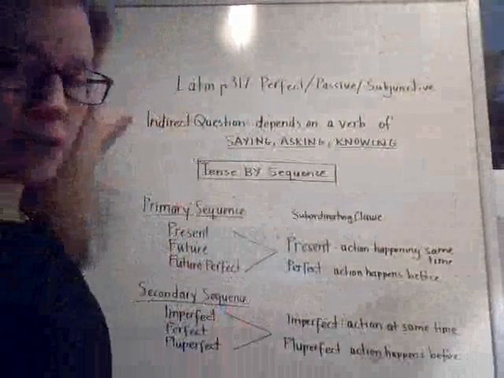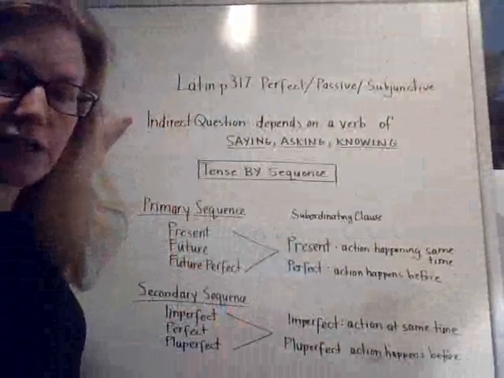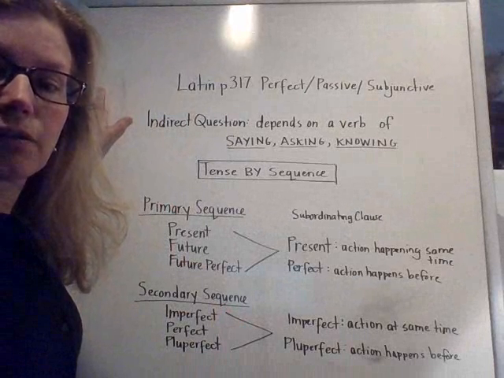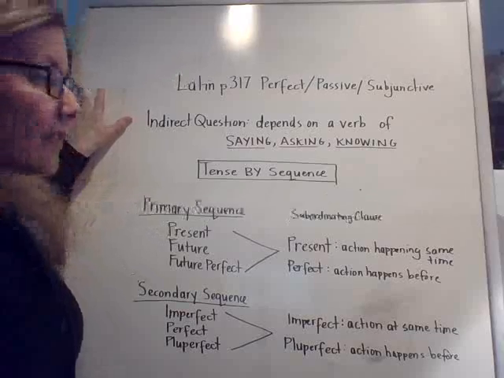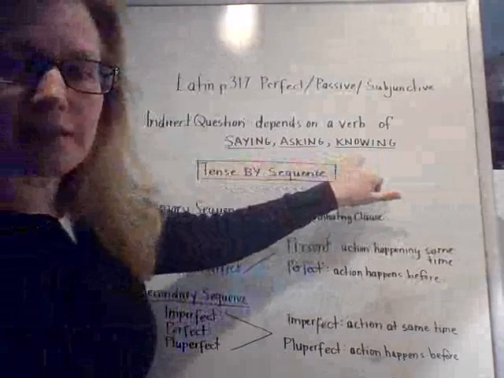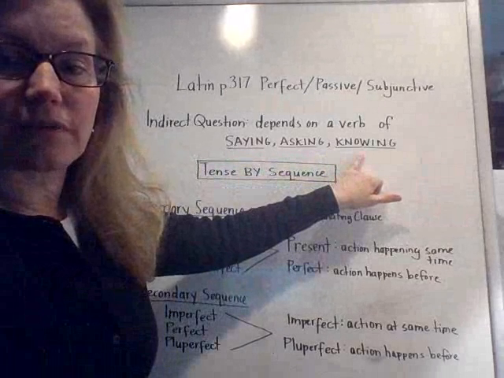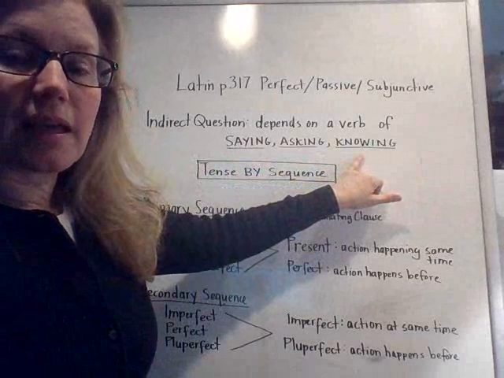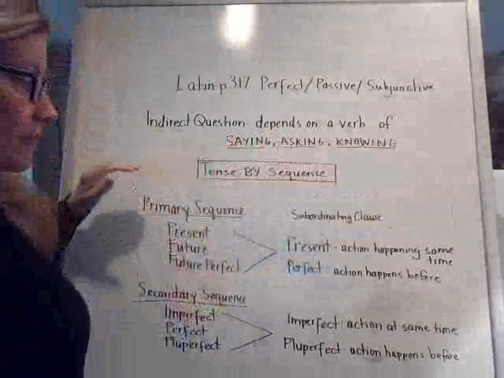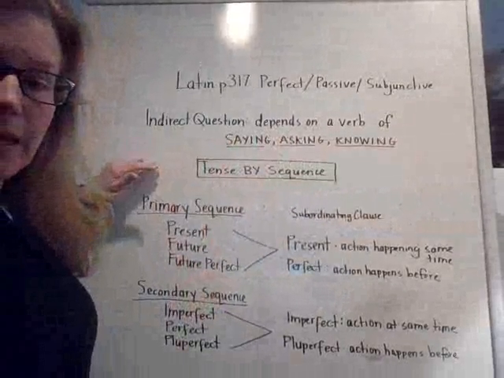First of all, if you remember back when we talked about indirect questions, they depend on a verb of saying or asking or knowing. I think all of our sentences in this section are going to have a verb of knowing. And when you have an indirect question like that, do you remember you have to tense by sequence?